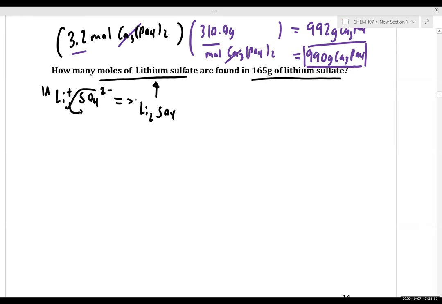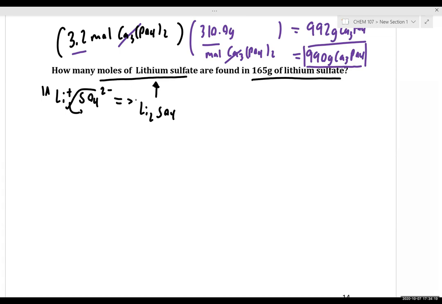So now that we've crossed this first bridge of figuring out the formula, we're able to treat this problem as a typical mass to mole conversion. We calculate the molar mass, and then we use the molar mass to calculate the moles of our sample.